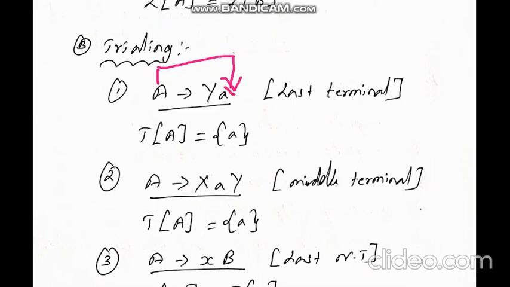Whichever it is, the terminal term should be at the end. So the rule properties have been expanded, and this is called trailing. T stands for trailing. Trailing of capital A is equal to small a. Right, so this is the procedure. Let me take you to the next part.